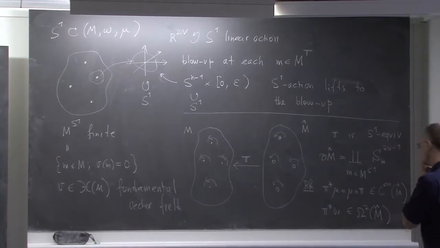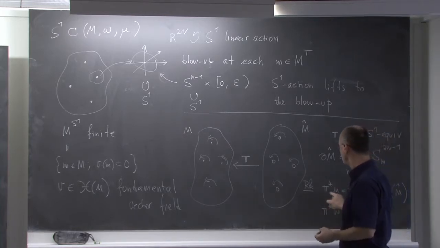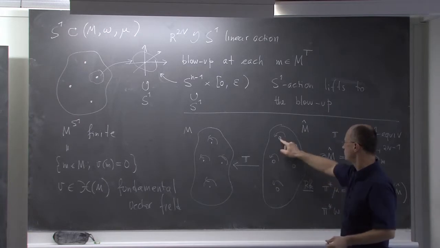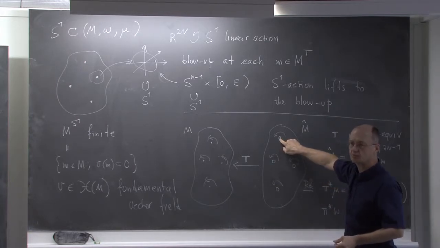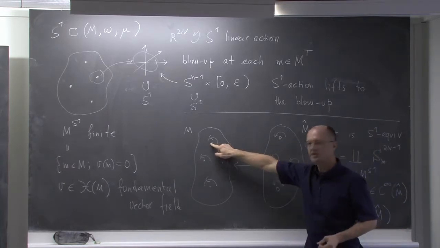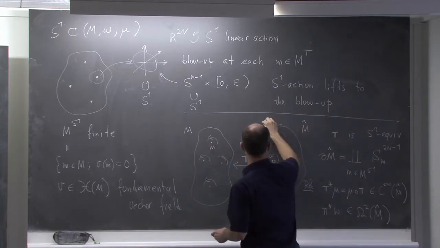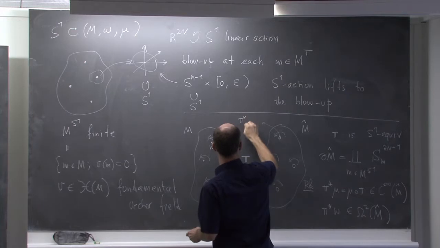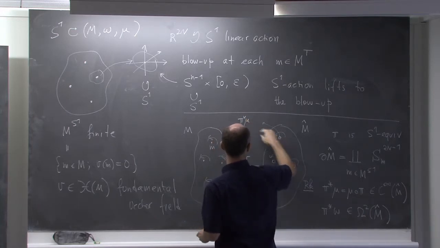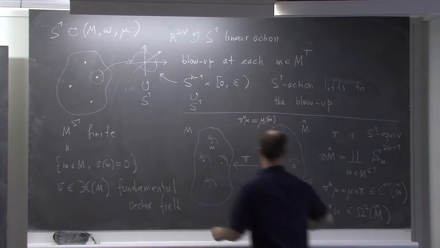Now maybe a small test question. What do you think will happen if I try to evaluate this pi star mu, for instance, on this boundary component? It will just get the value at this fixed point. So this is m, and here pi star mu of any point on the sphere is just equal to mu of m.